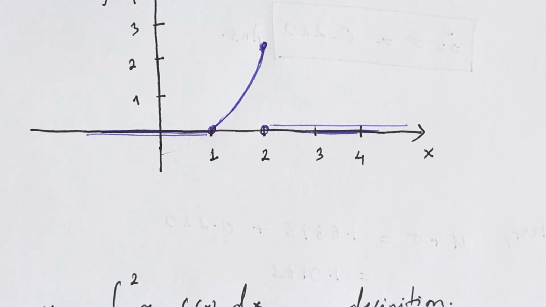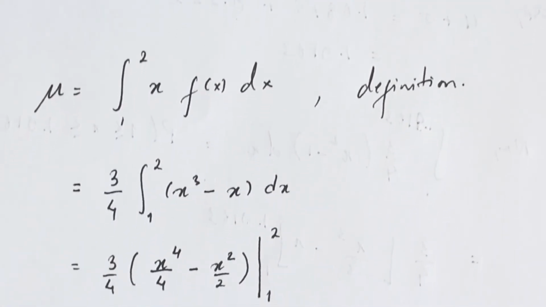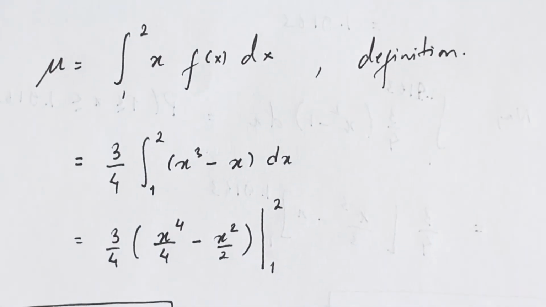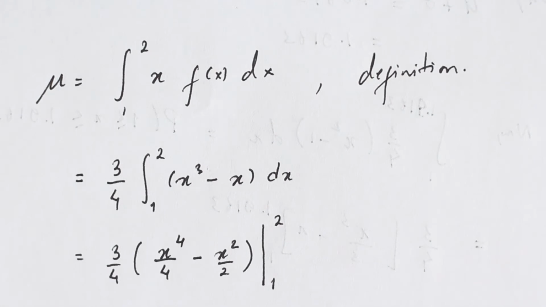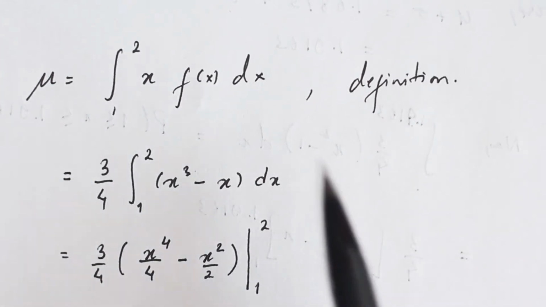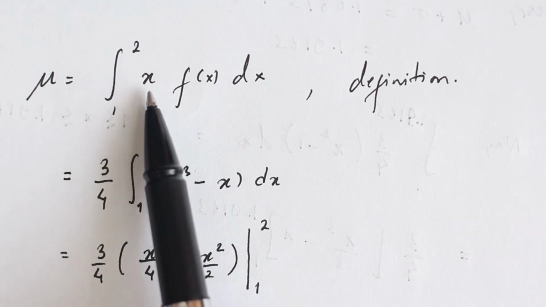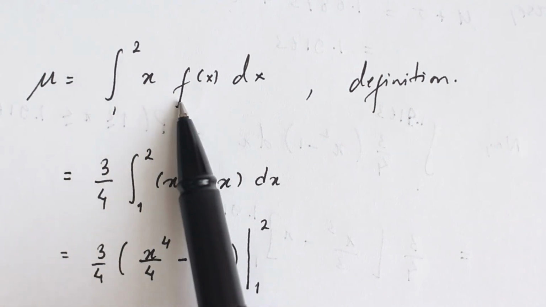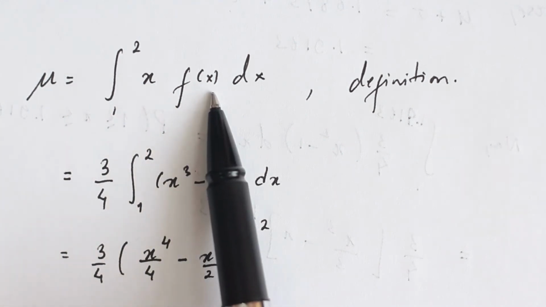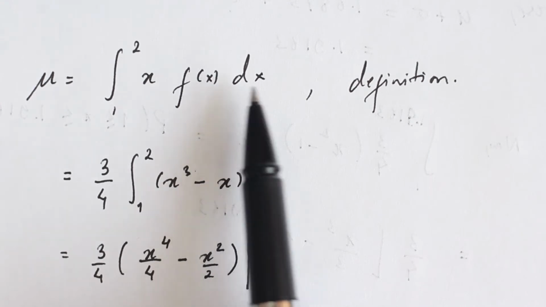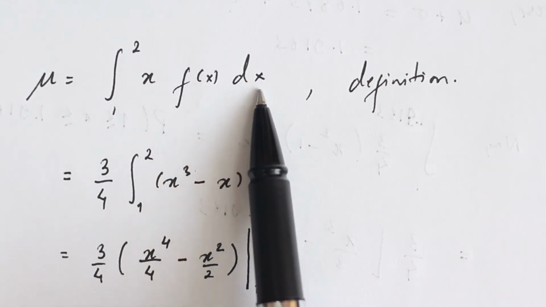Now in the next question, you're asked to find the mean. We know that the definition of the mean is the integral of x times the probability density function times dx, a small differential in x.